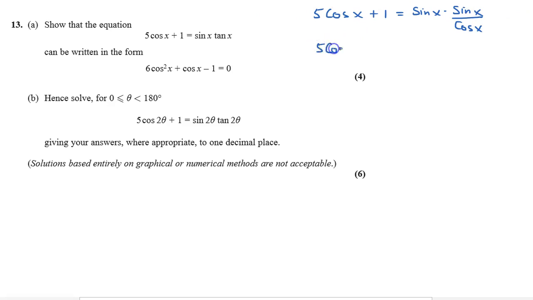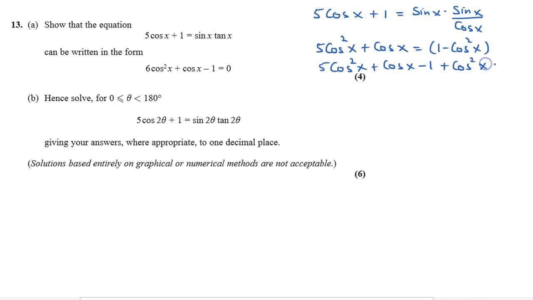So this is 5 cos square x plus cos x. This is sin square x, which can be written as 1 minus cos square x. So this is 5 cos square x plus cos x minus 1 plus cos square x is equal to 0.